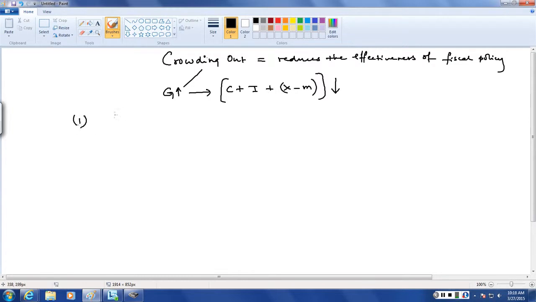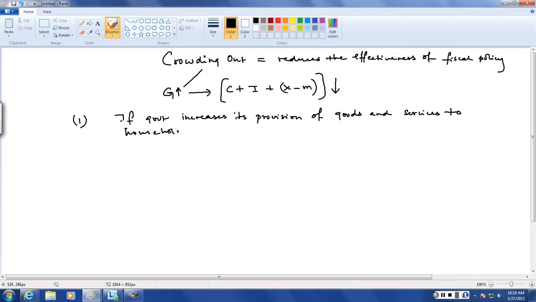And this is that if the government increases its provision of goods and services to households, households shall reduce their consumption spending.